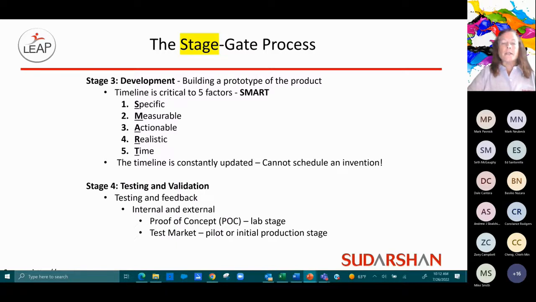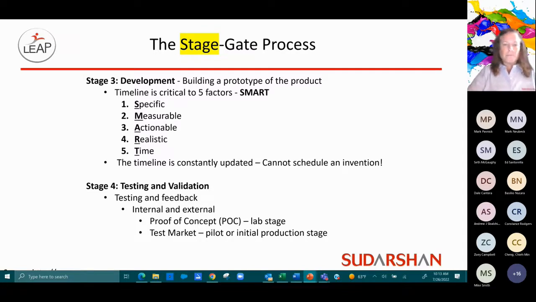Stage 4 is where testing and validation takes place. Testing and feedback are critical to the success of the program, and this validation can be done both internally and externally, and can be done at a number of stages. At the lab stage, we tend to consider this proof of concept, and at the pilot or even a first initial production stage, we might consider this more of a test market opportunity.